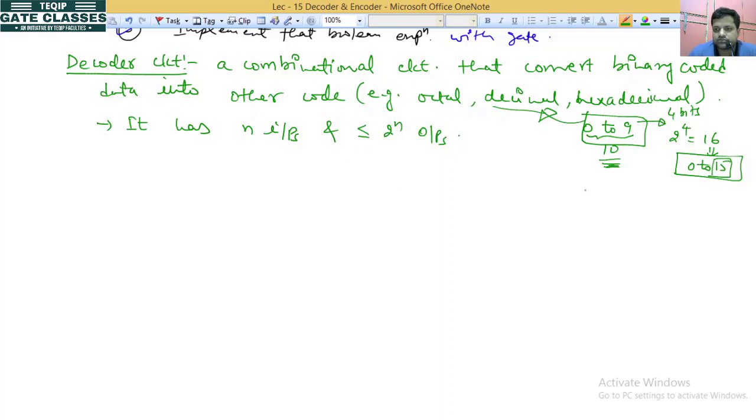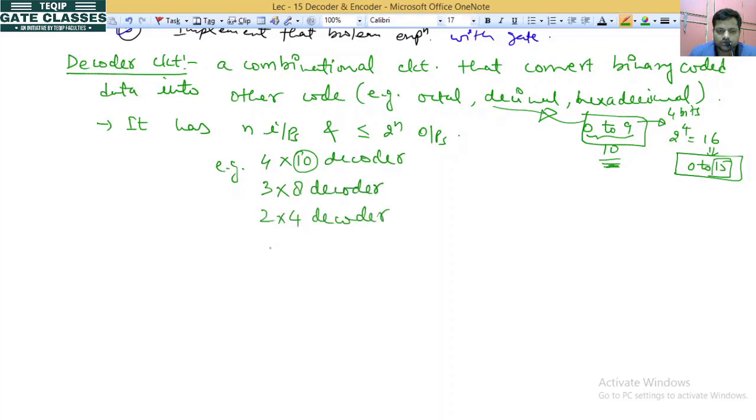So for this case we have a 4 cross 10 decoder, because the output is 10 only. Similarly we have a 3 cross 8 decoder, a 4 cross 16 decoder.